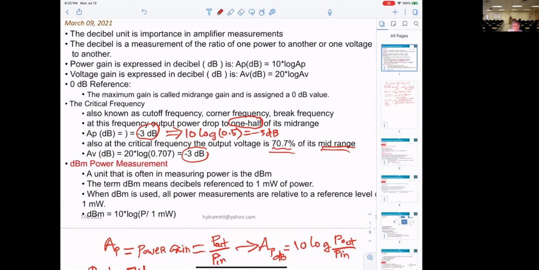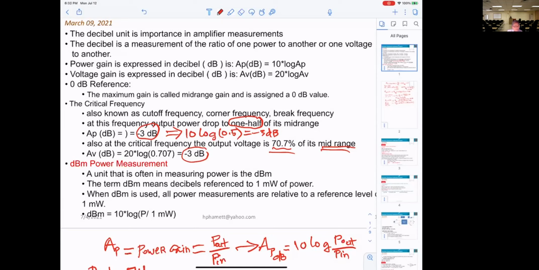When you measure power, they give you the unit dBm. Like when you're working normally with a sine wave, the units can be V peak, peak to peak, or V RMS. However, the unit used for measuring power is dBm.